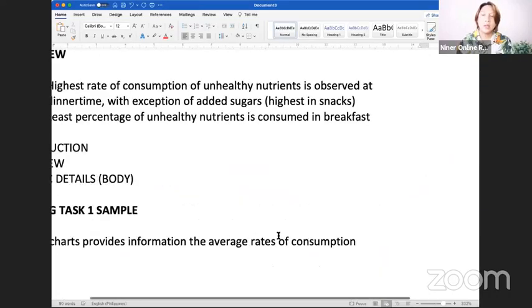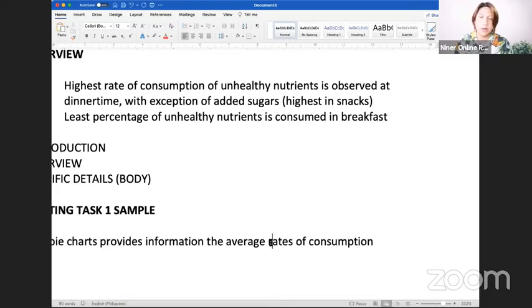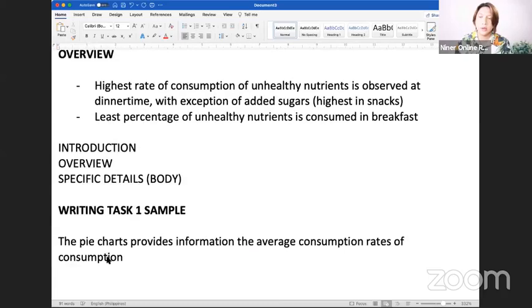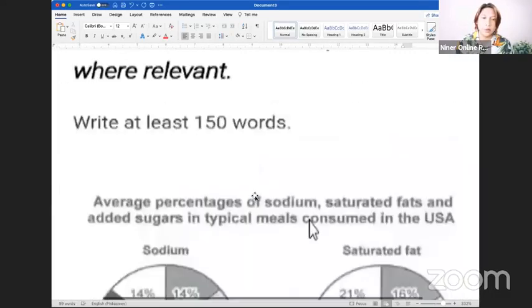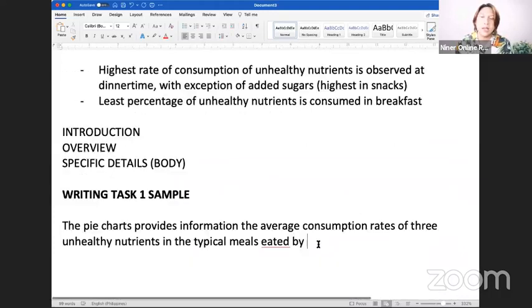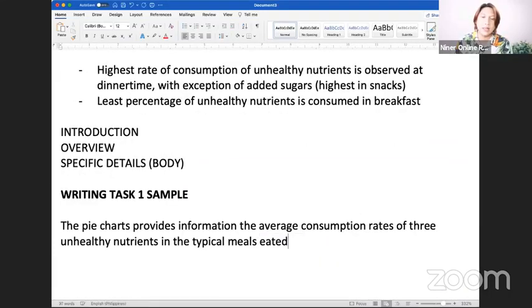So average consumption rates of 3 different unhealthy nutrients in the typical meals consumed or eaten by who are the ones who are eating. Let's put there in the USA. So Americans. So now meals eaten in the USA, right? Okay, so there you go.